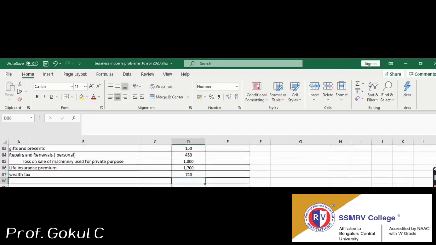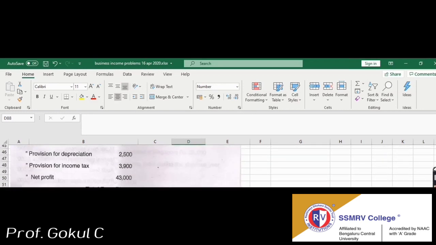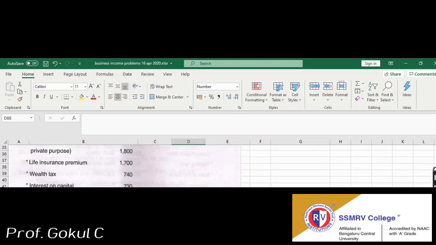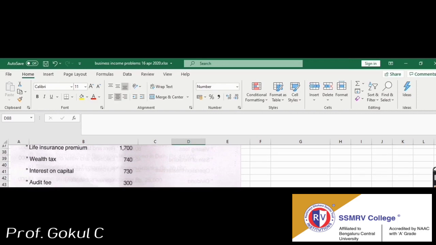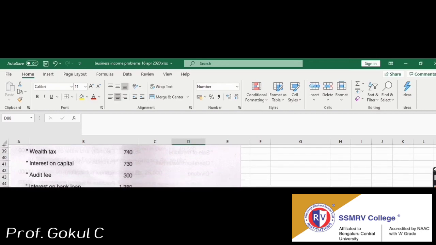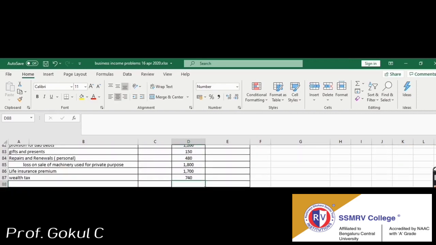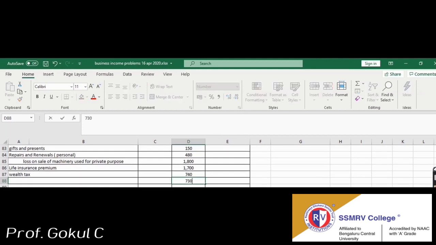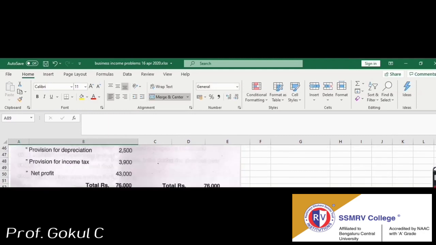Then interest on capital not allowed, 730 rupees. 730 rupees is interest on capital.